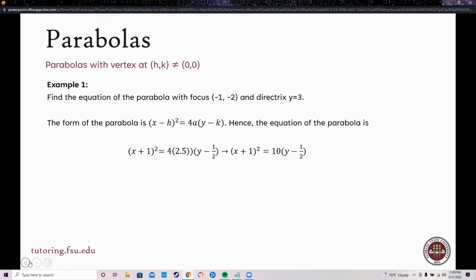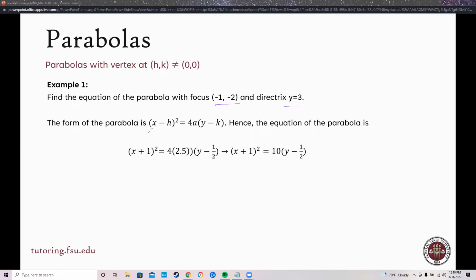Okay. So if we were to change this example to where it's not having a vertex at 0, 0, but now has a vertex that's somewhere along the graph, like translated somewhere, they tell us that the focus here is now at -1, -2. Directrix is y equals 3.